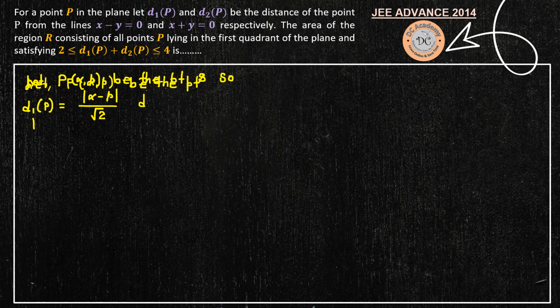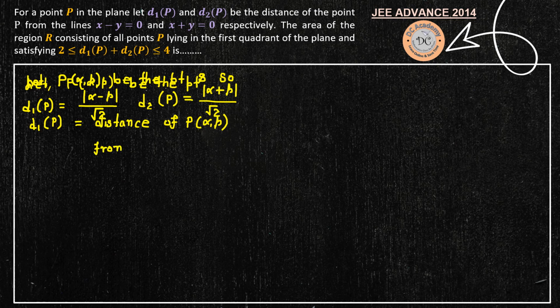So what is D1P here? It's actually the distance of the point P(alpha, beta) from the straight line x minus y equal to 0.